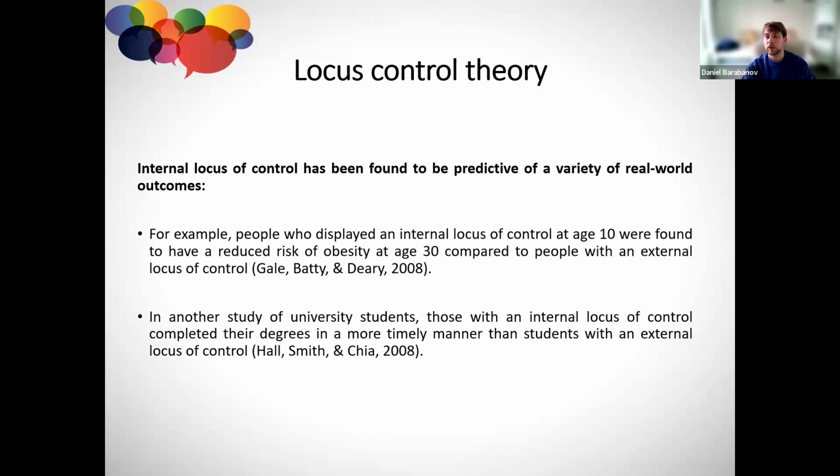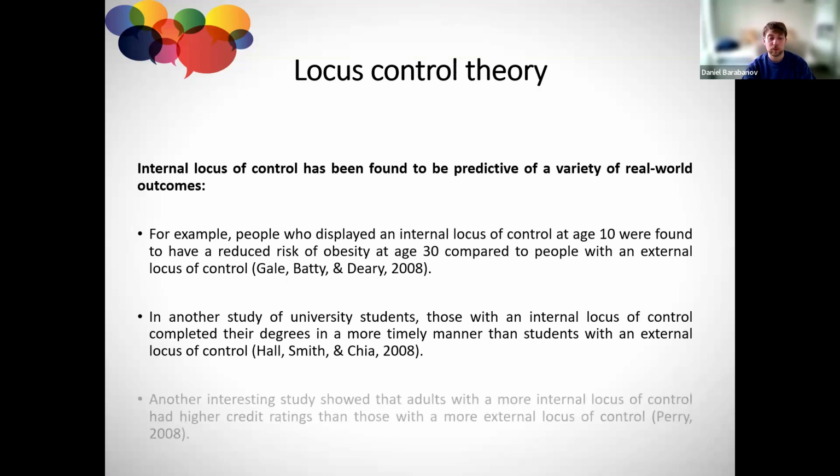So they try to find ways to influence the situation, and they finish on time, while people with external locus of control focus on, oh, it's so busy, everything is happening, there is not much I can do, right? And that influences their performance.